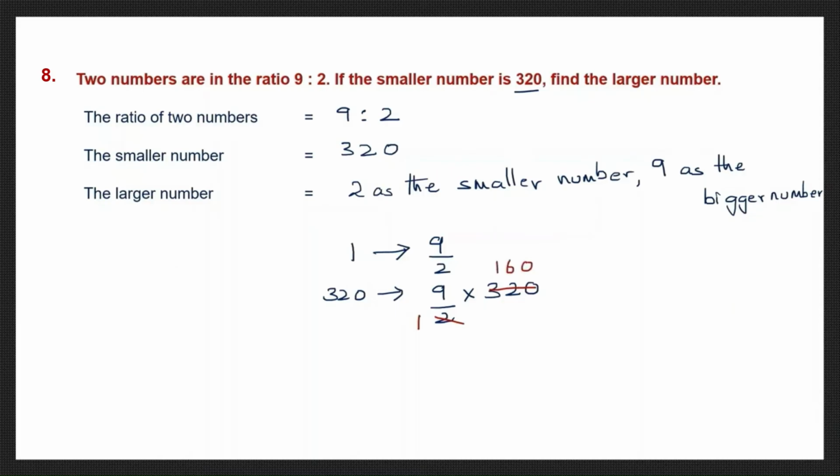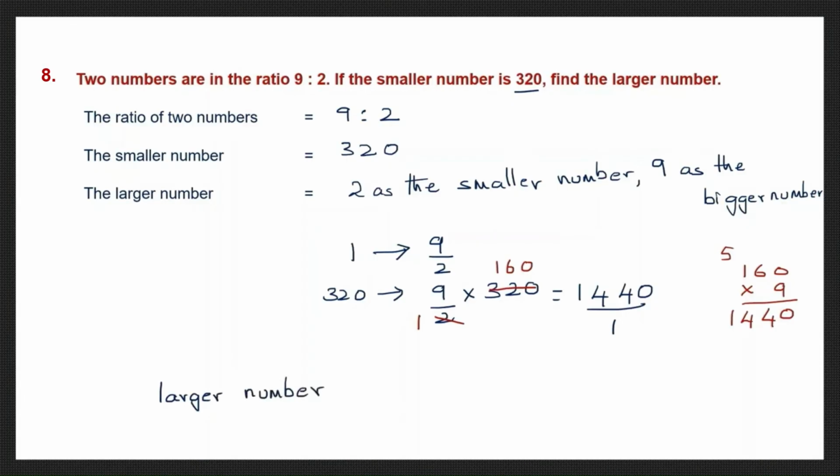Now in my numerator, I have 9 into 160. So let's multiply that. 160 into 9. 9 zeros are 0, 9 sixes are 54, carry 5, 9 ones are 9, plus 5, 14. So I have got 1440 by 1. That means my larger number is 1440.